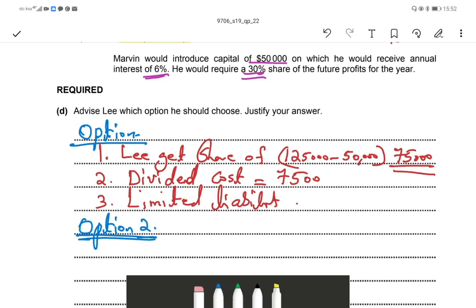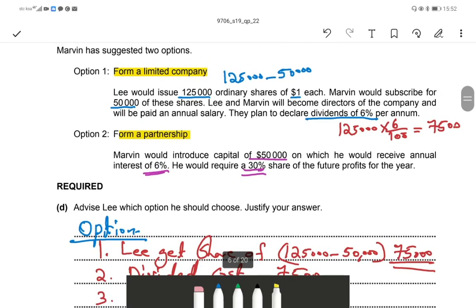Now if he chooses option 2, he wants the interest.